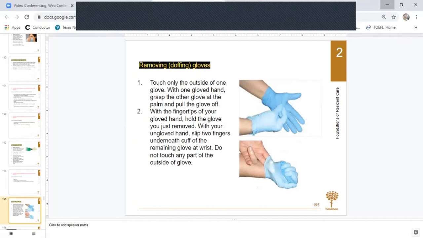Don't always believe what you hear or what somebody else tells you. Do your own investigation and use as much PPE as you need to protect yourself. Okie dokie. Any questions?